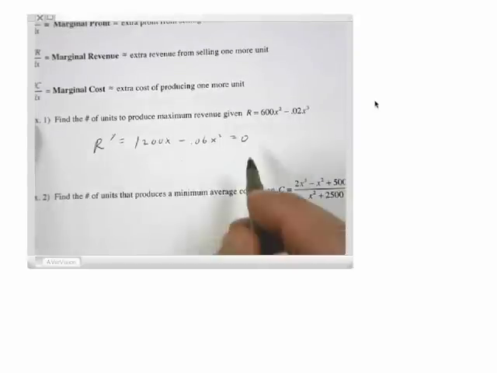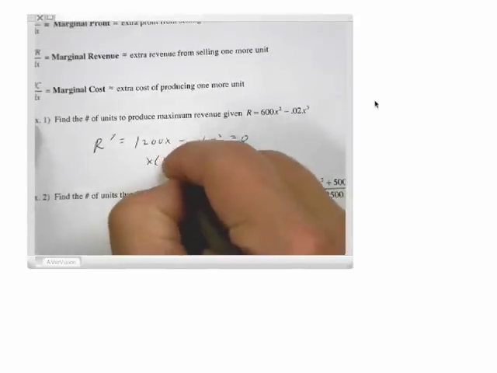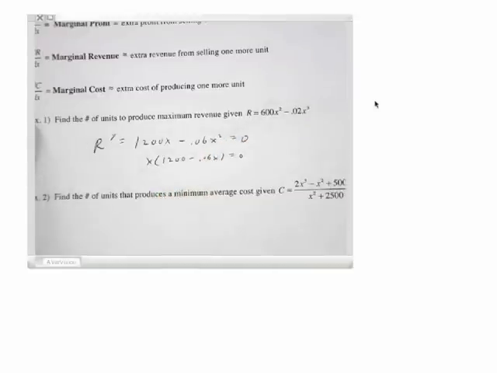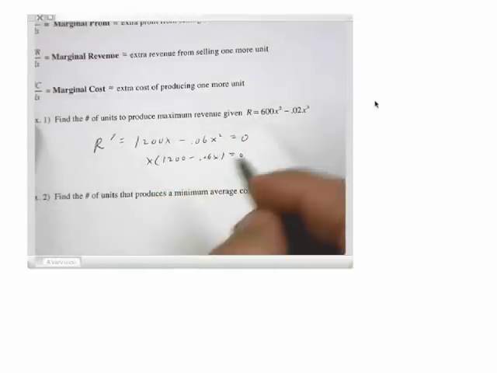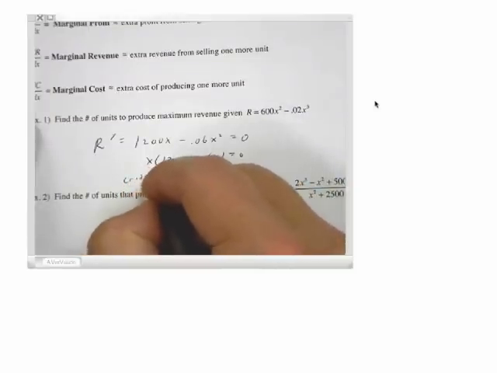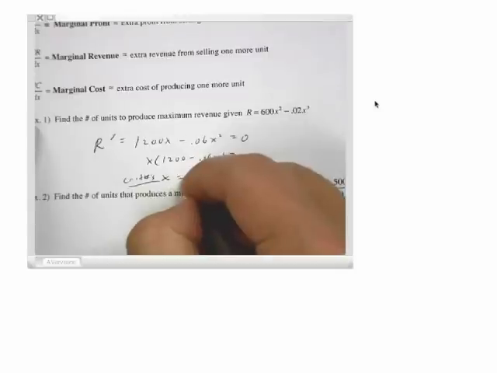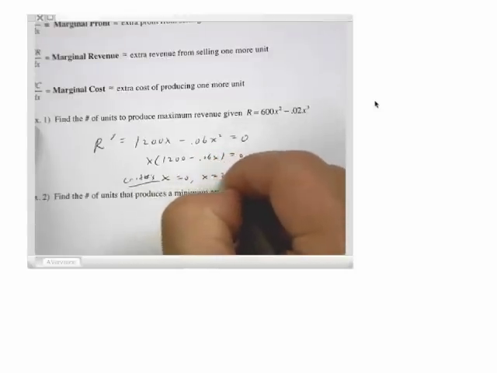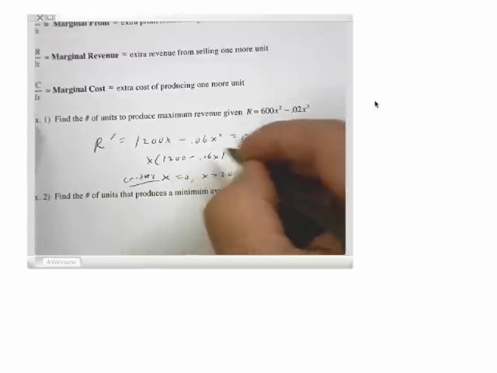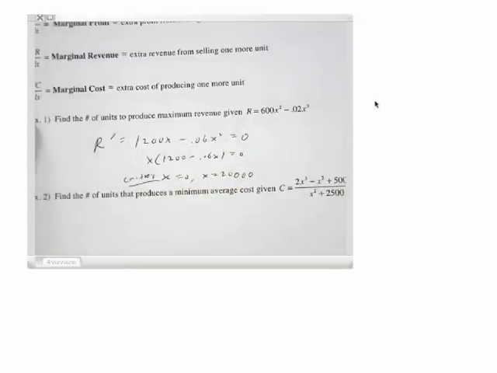I can obviously factor out an x. Setting both factors equal to 0 and solving, I get critical numbers of x equals 0 and x equals 200. Excuse me, not 200. That would be if I divided 1200 by 6. 1200 divided by 0.06 is 20,000.